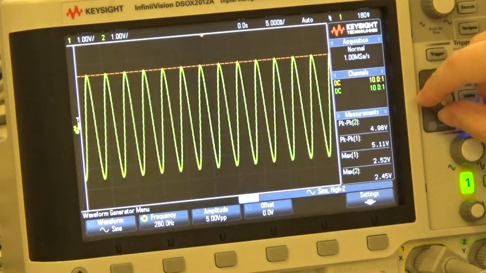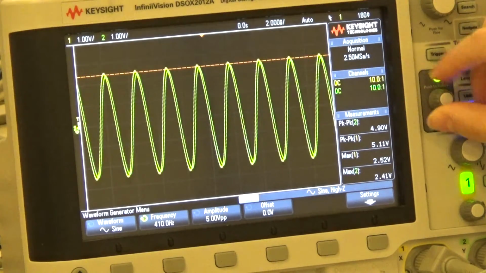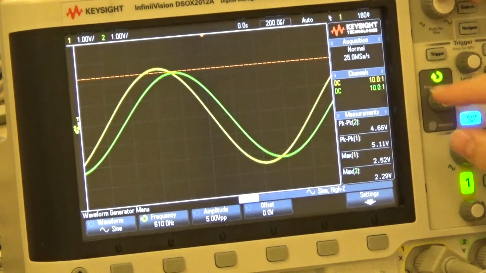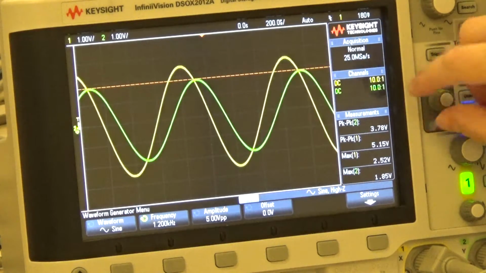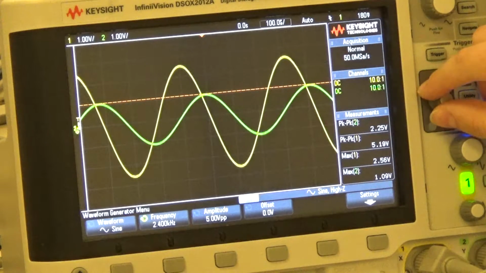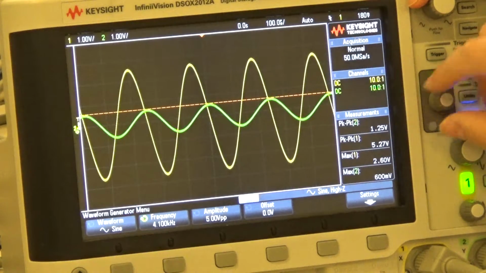I'm just increasing the frequency and adjusting the horizontal view. Yeah, okay, thank you. Increase the frequency. Okay, I'm increasing it. As you can see, the green one, the output, is decreasing with increasing frequency.